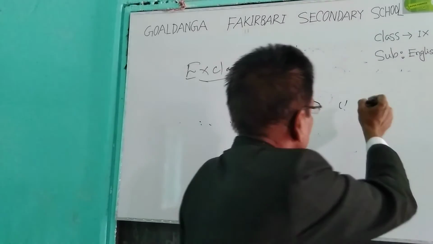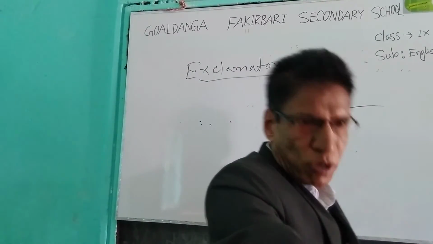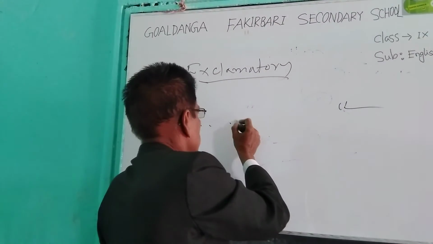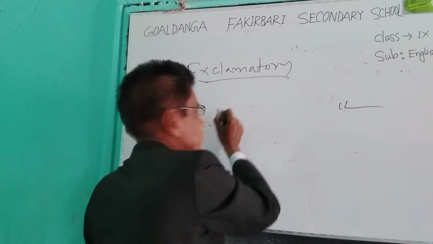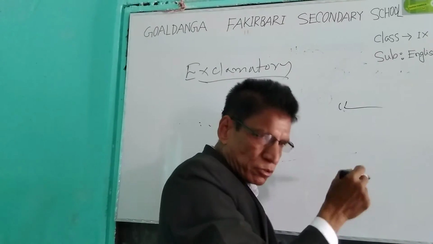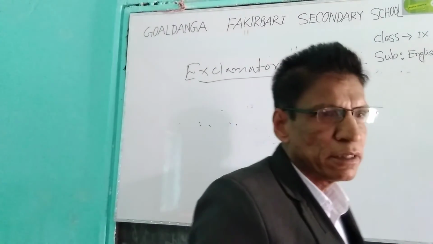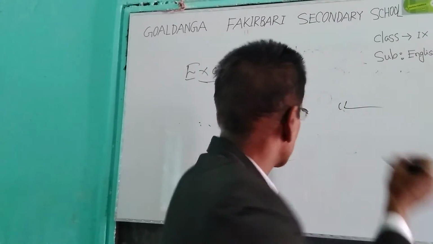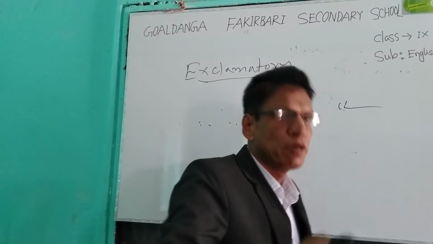And if it expresses sorrows, then we can use exclaimed with sorrow instead of the reporting verb. And that will be used in this sentence, and what and how will be omitted, and very or great will be used instead of what and how. Okay, understand the point? Now I am giving another example, and now I am going to make you understand.